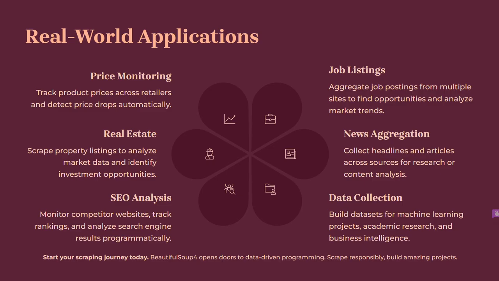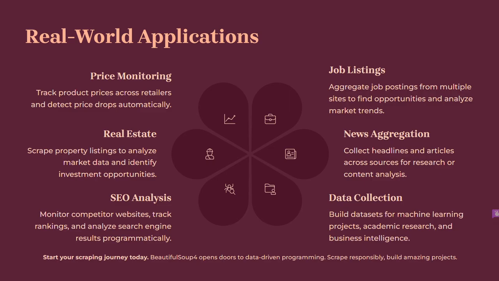Monitor competitor sites, rankings, keywords, and content. And sixth is real estate. Scrape property listings to analyze prices, locations, or trends. All these applications use the same Beautiful Soup techniques you learned earlier. So the moment you understand the basics, the number of things you can build is practically unlimited.